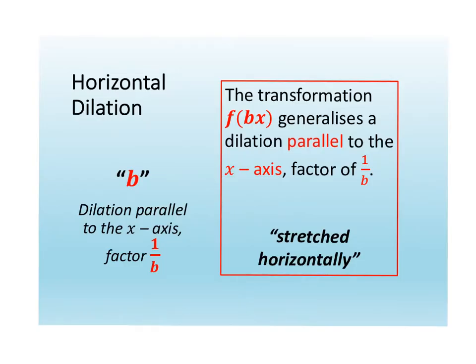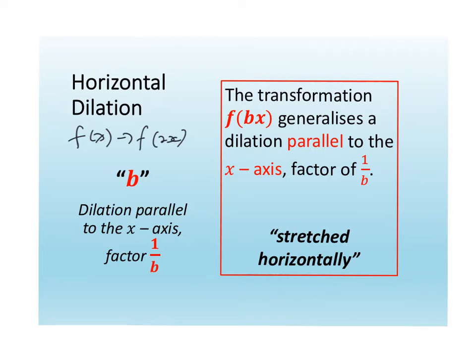So here, horizontal dilation. For horizontal dilation, we put in f(x) = f(bx). The dilation parallel to the x-axis has a factor of 1 over b. So if it is from f(x) to f(2x), what you do is multiply the x coordinate by half.